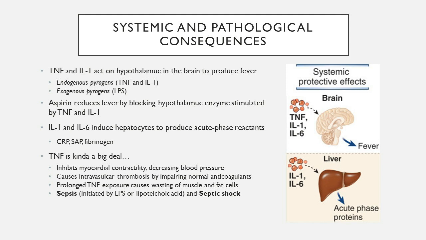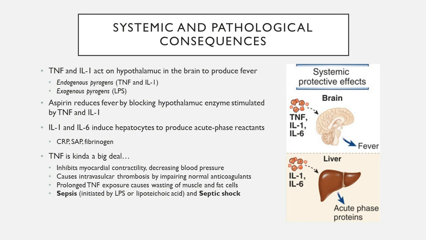Hepatocytes in the liver are also stimulated by IL-1 and IL-6 to produce acute phase reactants. We already talked about these: CRPs, SAPs, fibrinogen. And the big one, which I've actually also mentioned previously, is TNF and its role in septic shock. So TNF-alpha inhibits myocardial contractility, which decreases blood pressure.